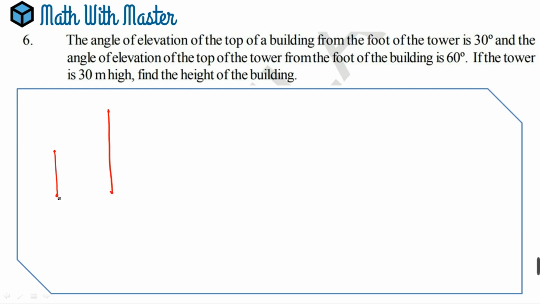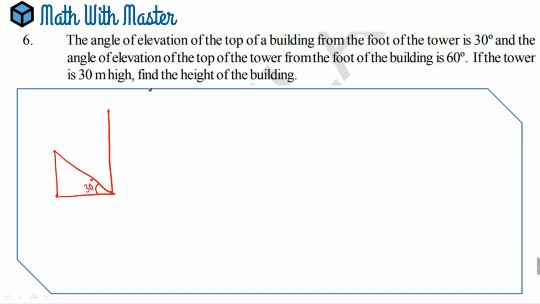So, from the foot of the tower to the top of the building, the angle of elevation is what? 30 degrees.